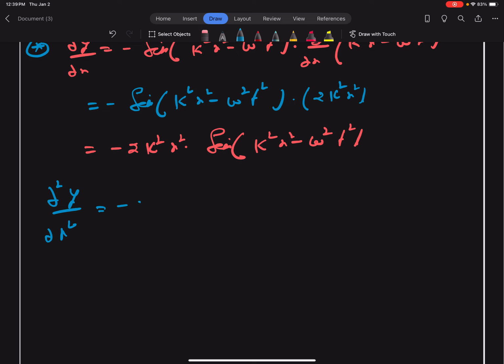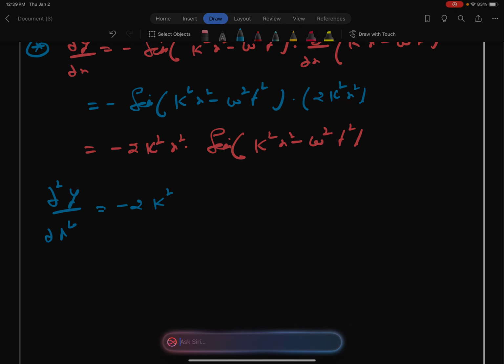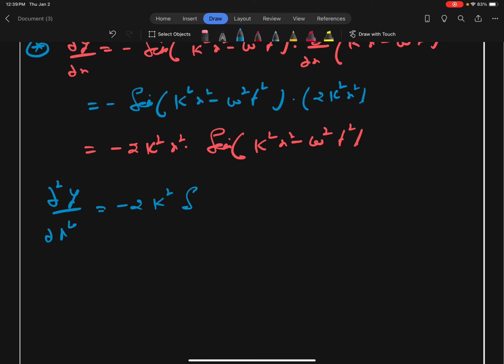This comes as minus 2 k square sine of k square x square minus omega square t square minus 4 k raised to power 4 x raised to power 2 cos of k square x square minus omega square t square.